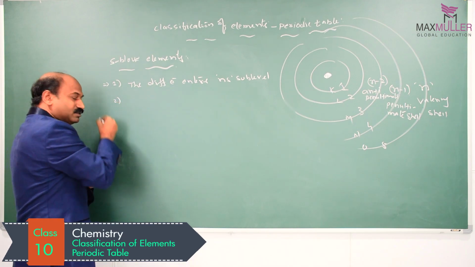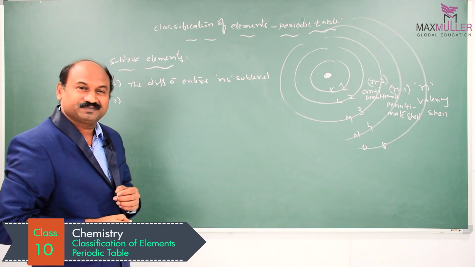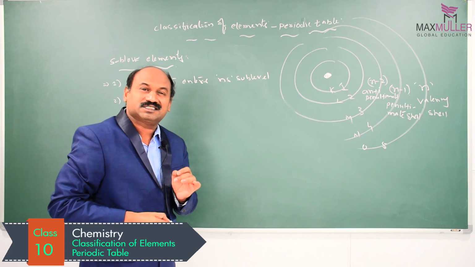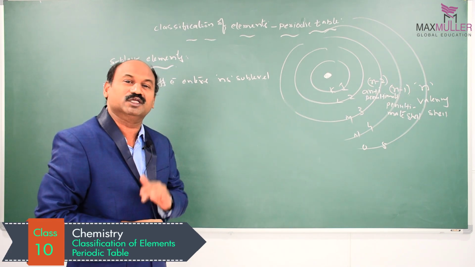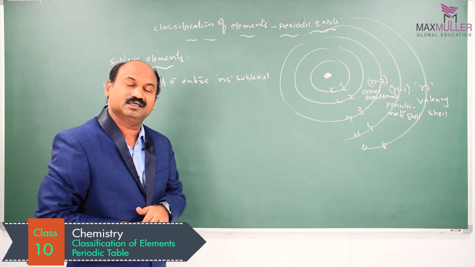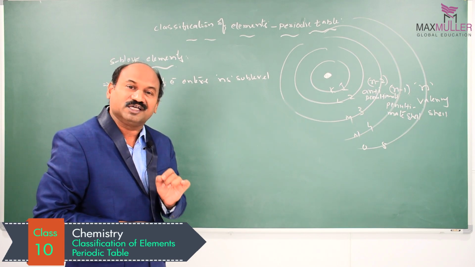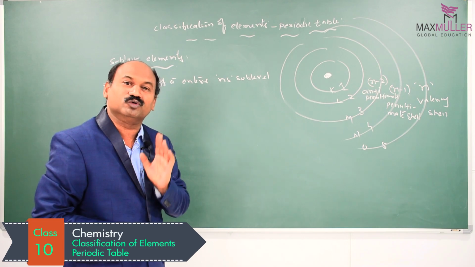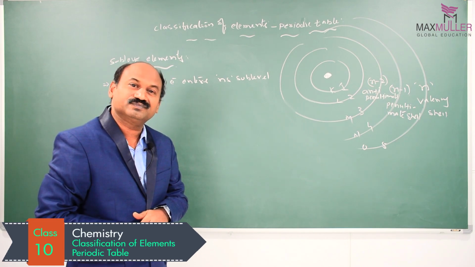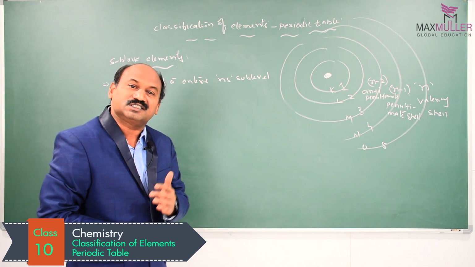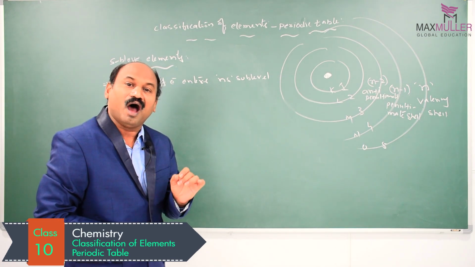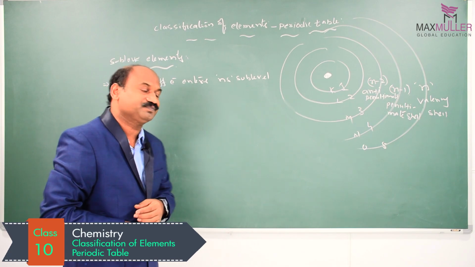Now, you all know that the s sublevel can accommodate a maximum of 2 electrons only. That's why s block consists of only 2 groups. They are 1A group called alkali metals and 2A group called alkaline earth metals.